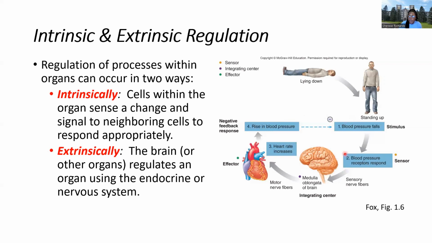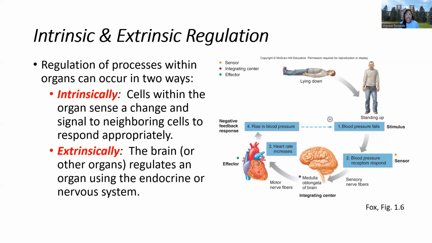If the brain gets involved, which we know is true for this negative feedback loop, and then the instructions are sent down on nerve fibers, right, motor nerve fibers, to instruct the heart, that would be considered an example of an extrinsic regulation, because the instruction for the change is coming from a source outside of the actual effector organ. It's coming from the brain via the nerves, which would be the nervous system.